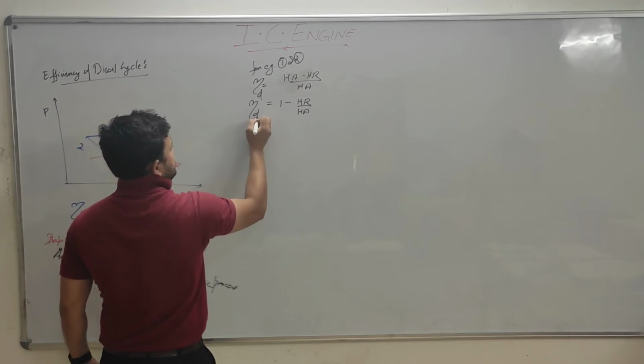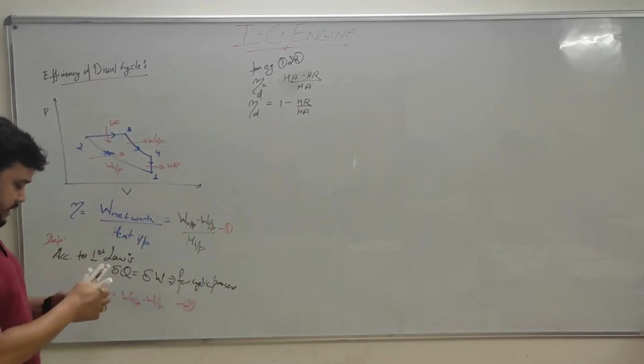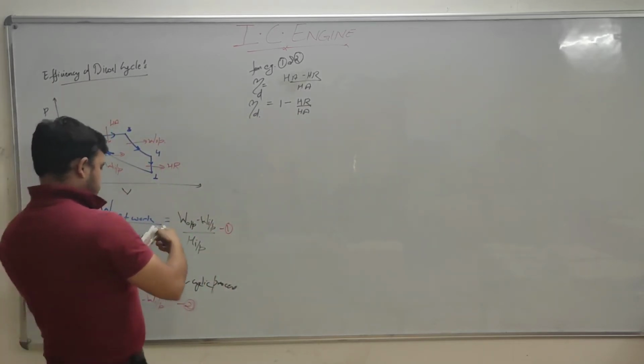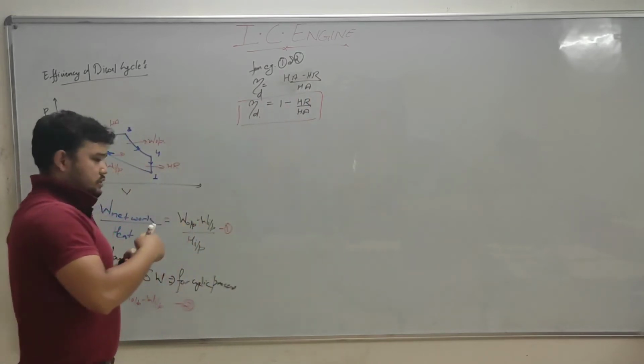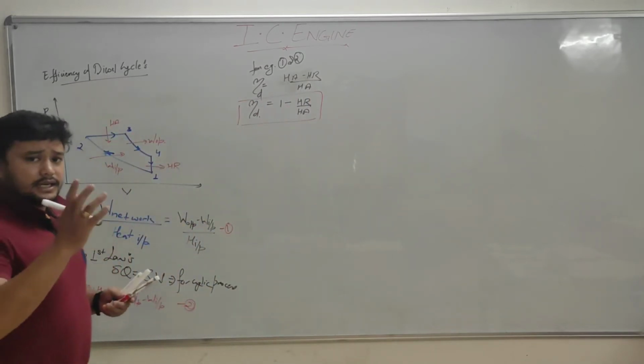This will be the efficiency of the diesel cycle in terms of heat addition, heat rejection, or work input, work output. Now this is the basic equation to derive the expression for the diesel cycle.